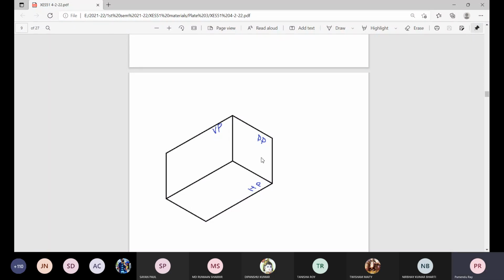Now, for some cases, we need to project that object on this plane. And as we are looking with reference to this observer from some side, it is from the left side. So it is called the left hand side view. Okay. Next thing.